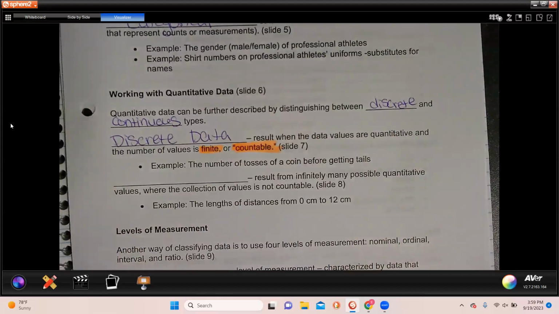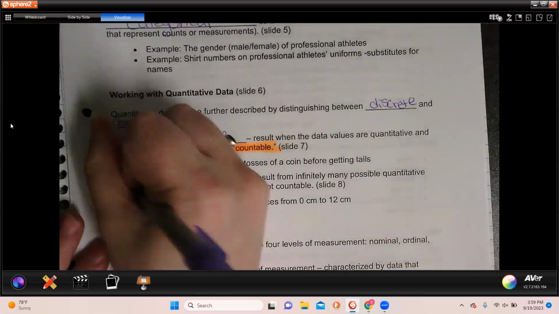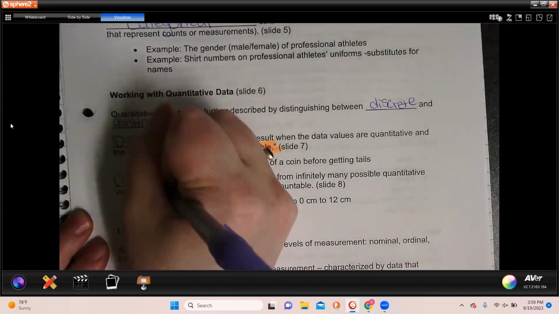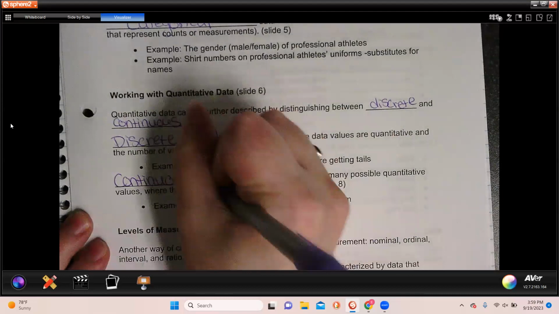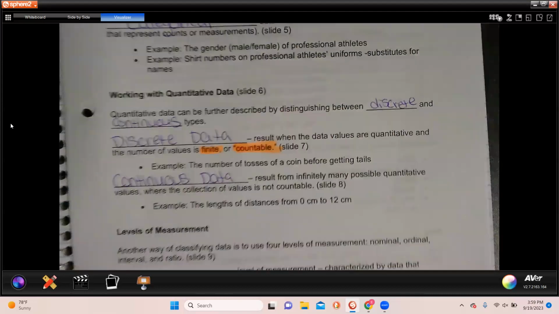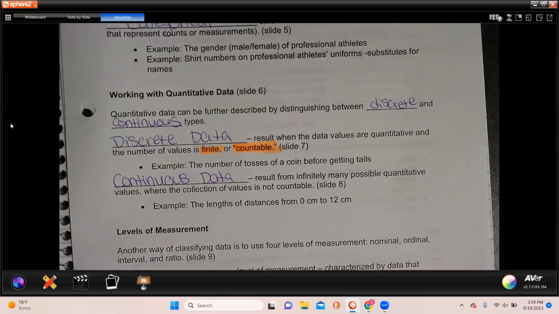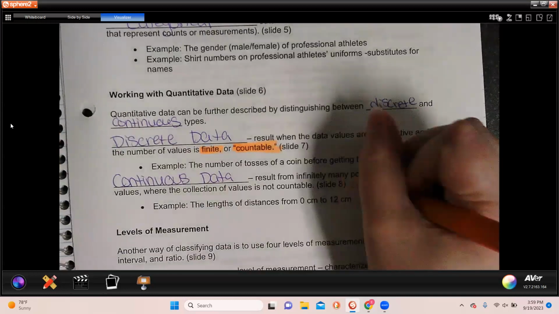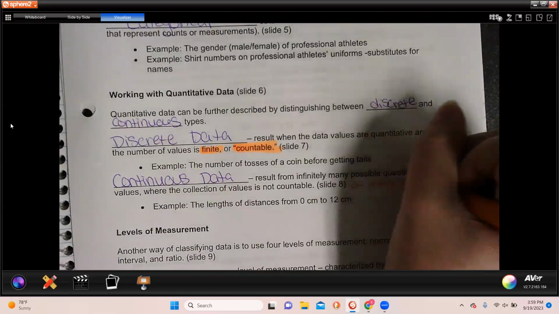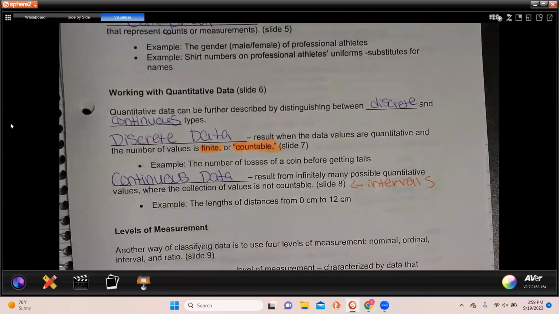Okay, the other one is called continuous. So continuous data is data that results from infinitely many possible quantitative values. So this would be not countable, but this should be from an interval. Okay, so these are for intervals.